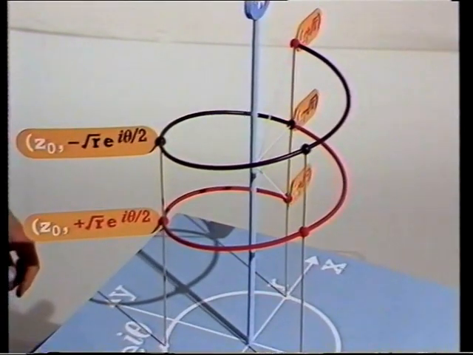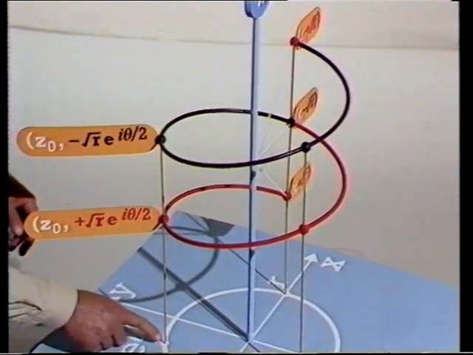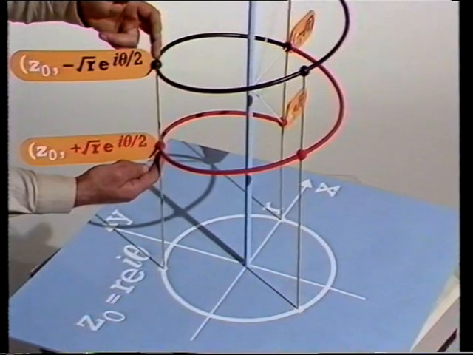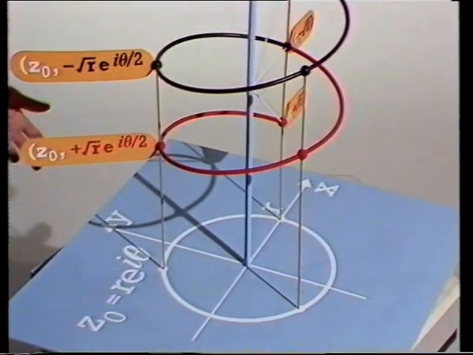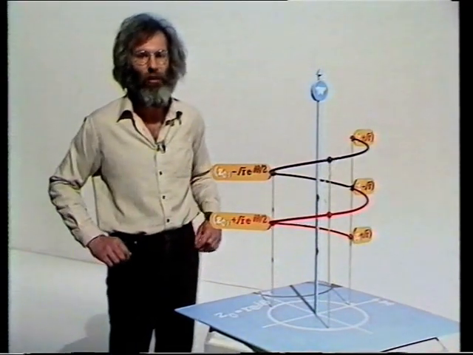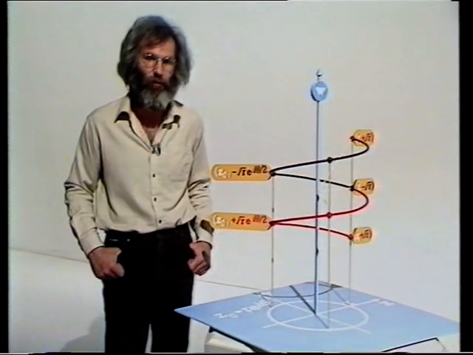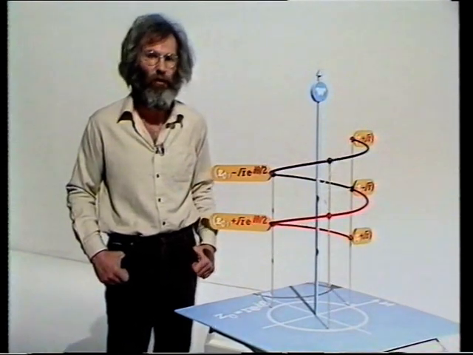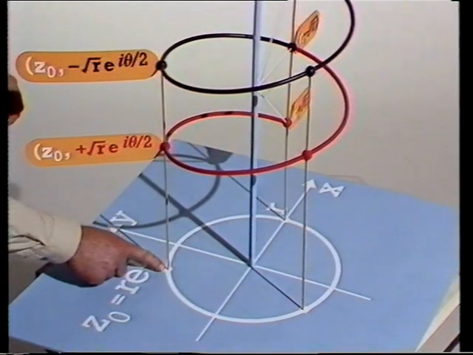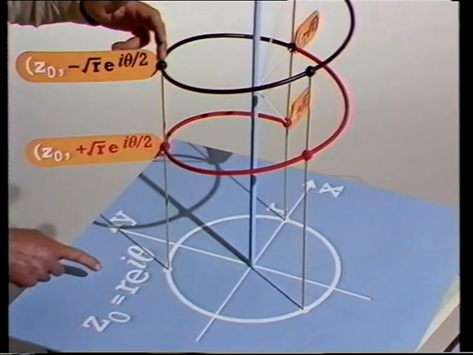So we've done what we promised. Above each point of the z circle, we've put the two corresponding points of our locus, corresponding to the two w values, the two square roots. In fact, we've done rather more. We've managed to show how the square roots vary continuously as z goes round the circle. For example, supposing you take this value of z and this black square root.